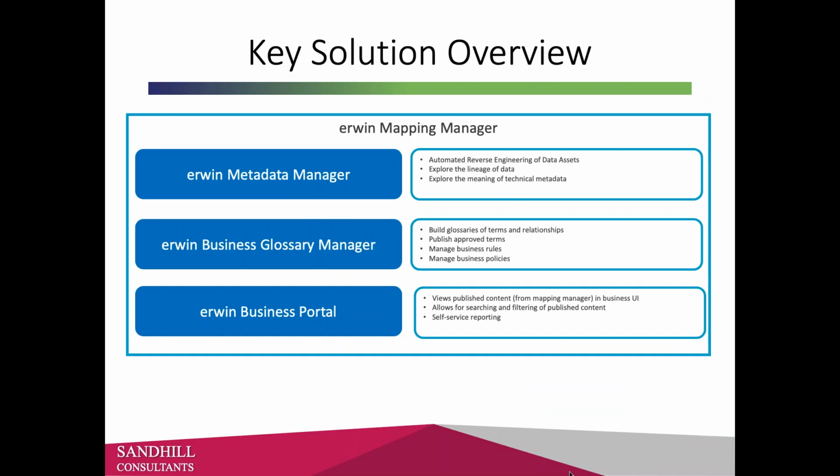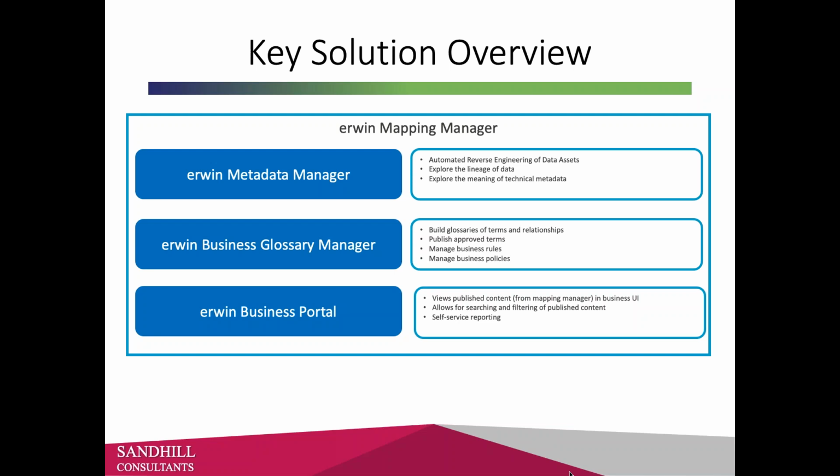Now, functionally, the Metadata Manager allows you to ingest a lot of metadata from various sources. Those sources might be data models, live running databases, text files, Excel, etc. That can all be ingested into the Metadata Manager, and then you can add more details to that. The Business Glossary Manager is that business language spoken for business people, allows them to find things in a business sense.